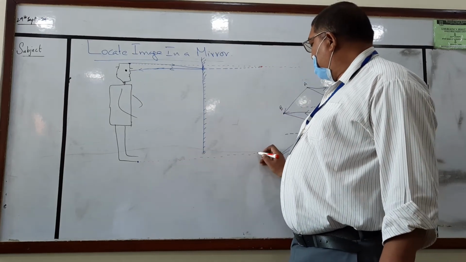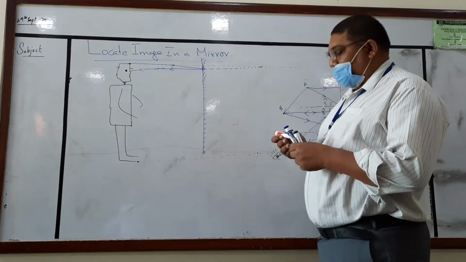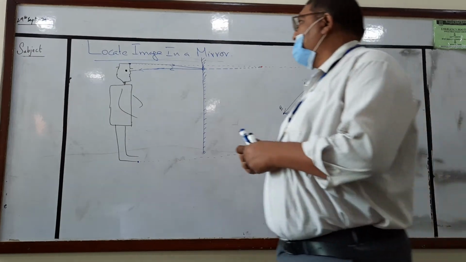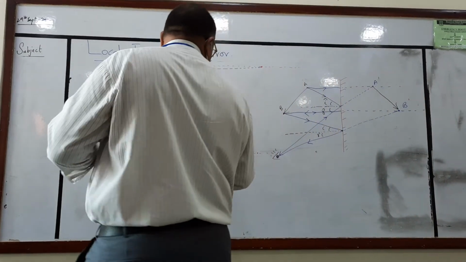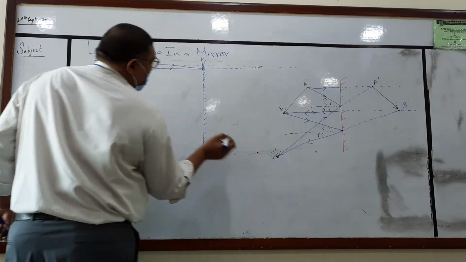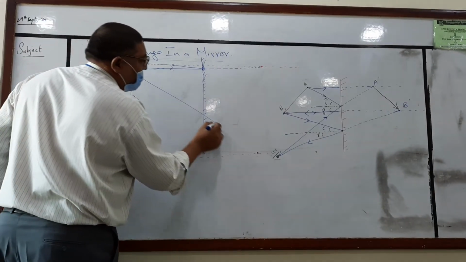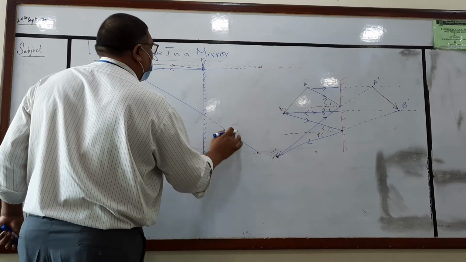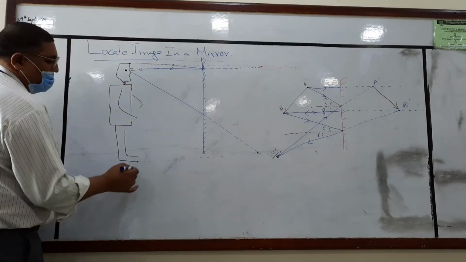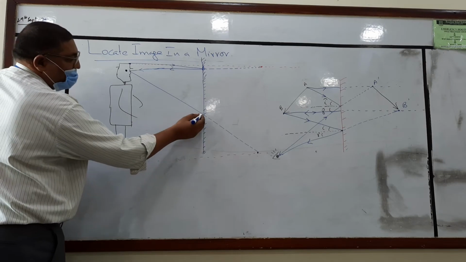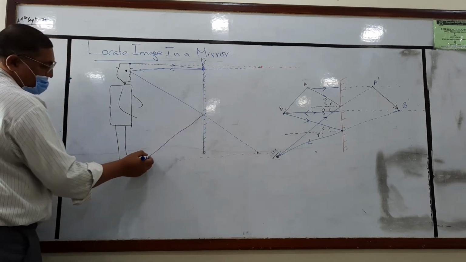It should be here. So I will join this point with his eyes. That side will be dotted. Then join it with the toe.